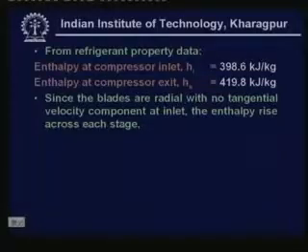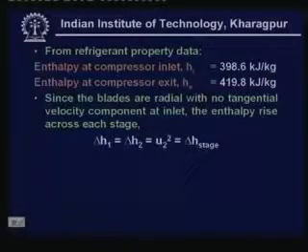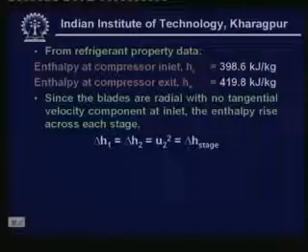Since the blades are radial with no tangential velocity component at inlet, the enthalpy rise across each stage is equal to U2 square. Delta H1 is the enthalpy rise across stage 1, which is equal to the enthalpy rise across stage 2, delta H2, which is equal to U2 square. As I have already mentioned, both the impeller stages have the same diameter and the same rotational speed.